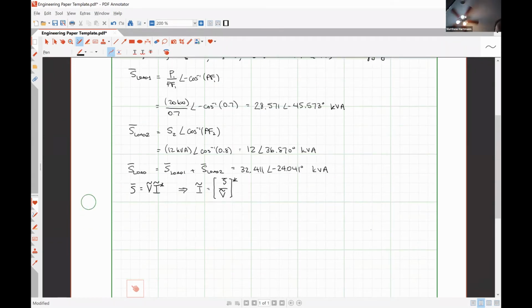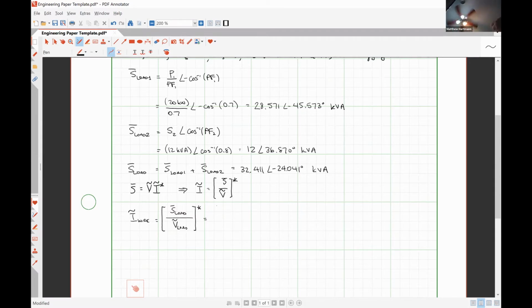So using this relationship, we can find pretty easily that the current flowing through our transmission line, which is the current that's going to flow into that node and split among those two loads that we already know the power of, will be equal to the complex conjugate of the total complex power absorbed by our loads divided by the RMS phasor voltage over our loads, and then we take the complex conjugate.